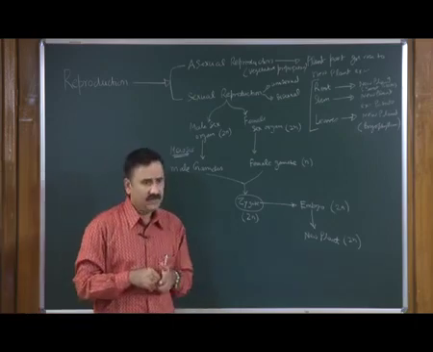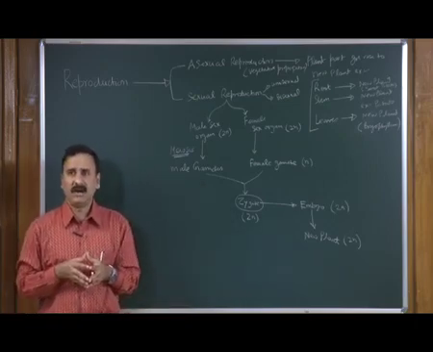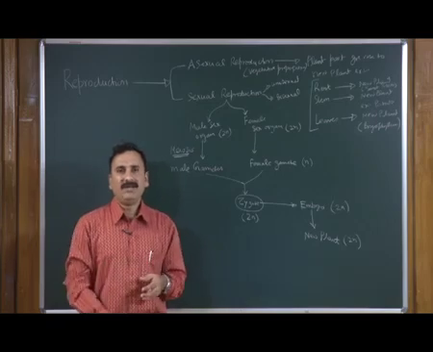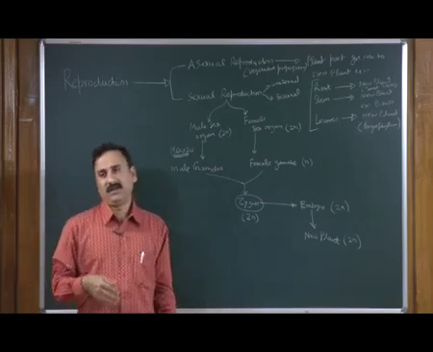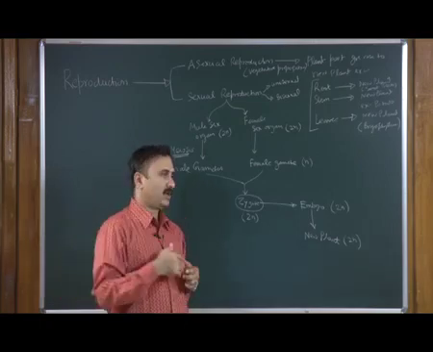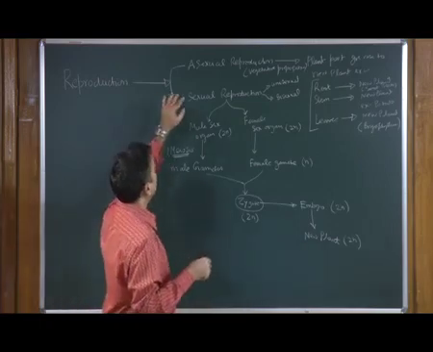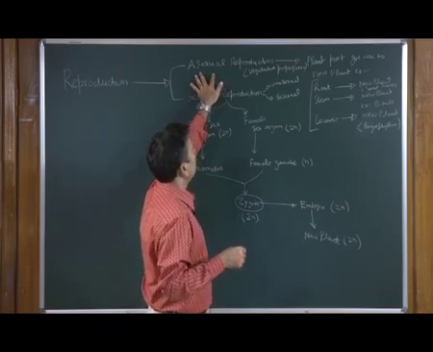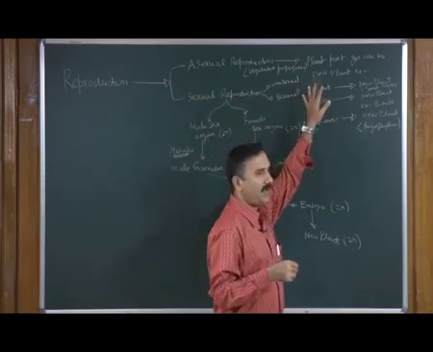Now, the first and foremost question is: what is the advantage or disadvantage for a plant of going for sexual reproduction? Because, as you can see, asexual reproduction is very simple and uncomplicated.